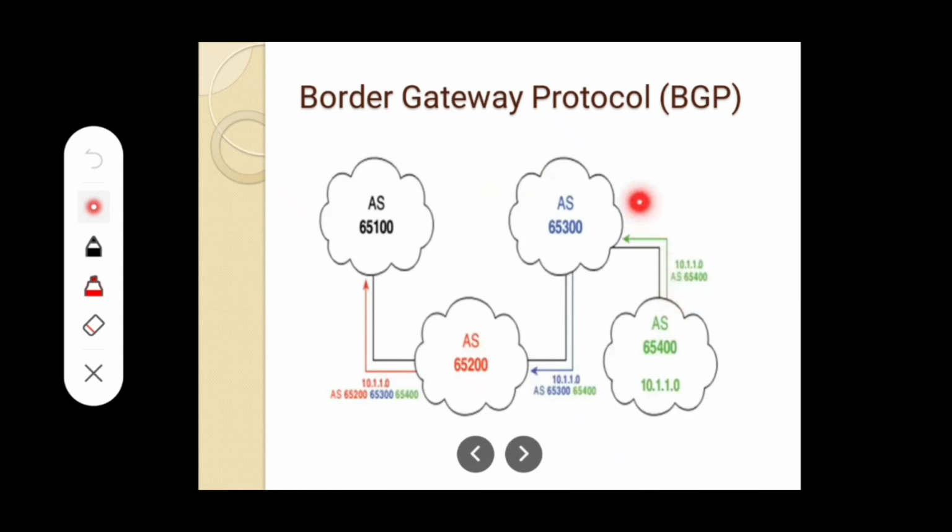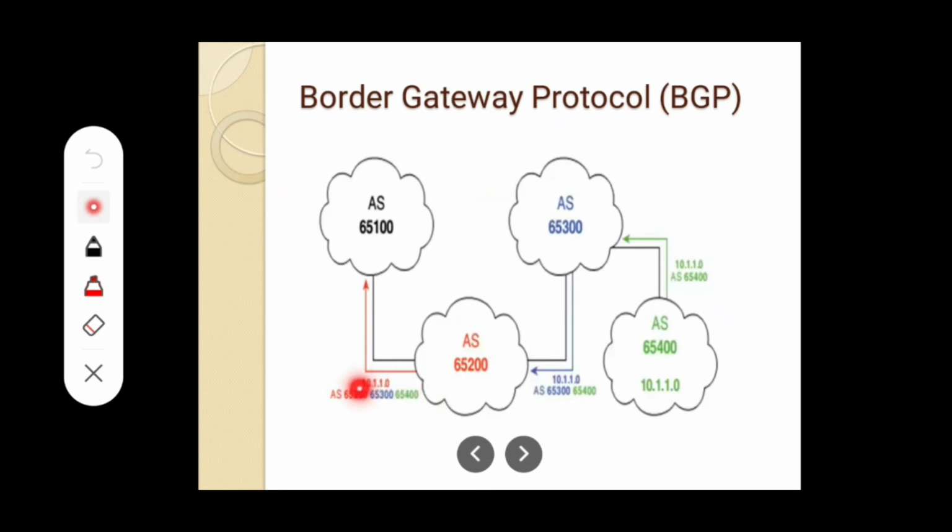After passing through the second autonomous system, that is 65300, it will move to this one. When it reaches here, it will contain the path information saying that first it started from 65400, then it passed through 65300. Finally, when it reaches the last autonomous system, the path is also mentioned here: it was generated from 65400, came through 65300, and also came through 65200.